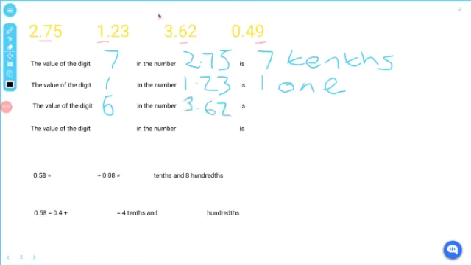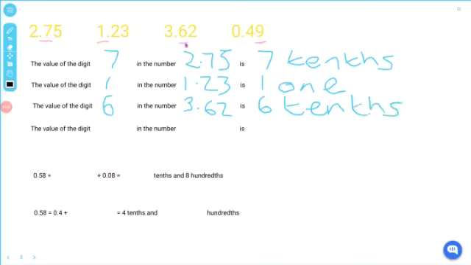Okay, so if we look back at our decimal number, what column is underlined? That's right, it's our tenths column because it's after the point. So we can write 6 tenths here.